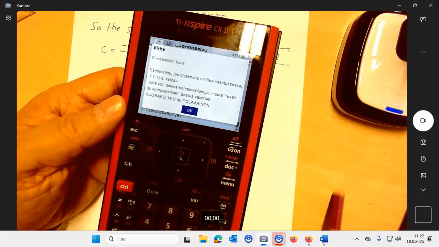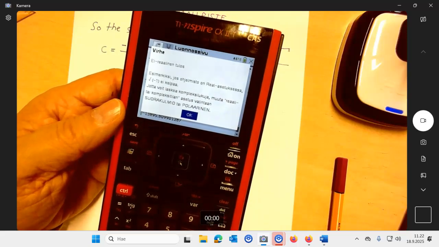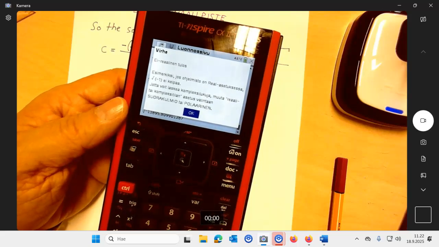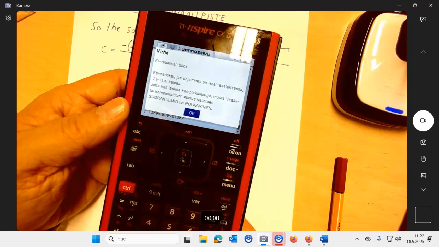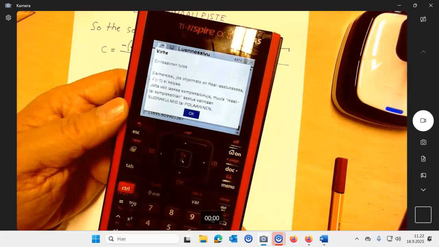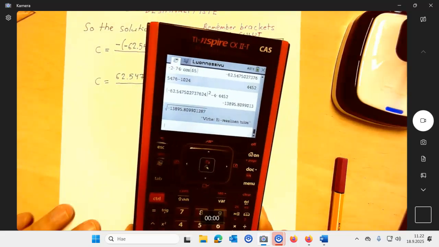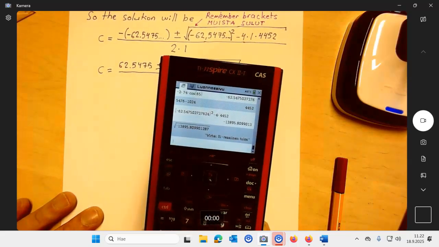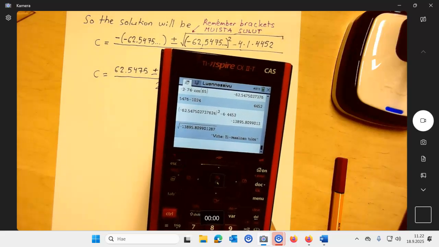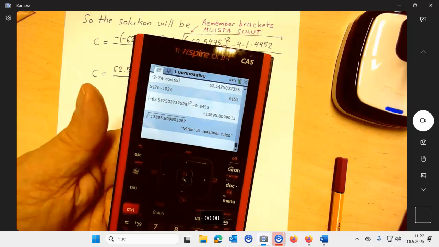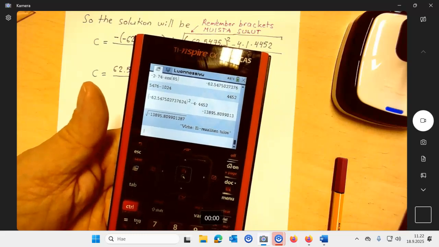If you want to calculate with complex numbers, you have to change the settings, but I don't think you need those complex numbers. I'm not quite sure if you need them in other studies, but mostly you don't.